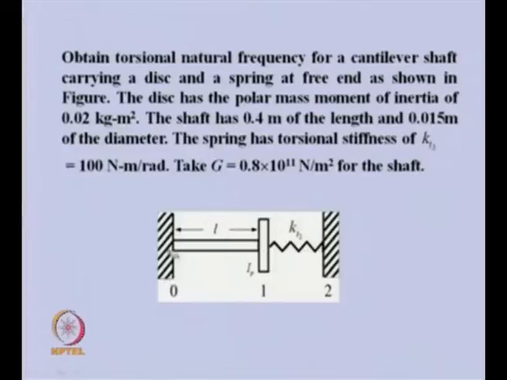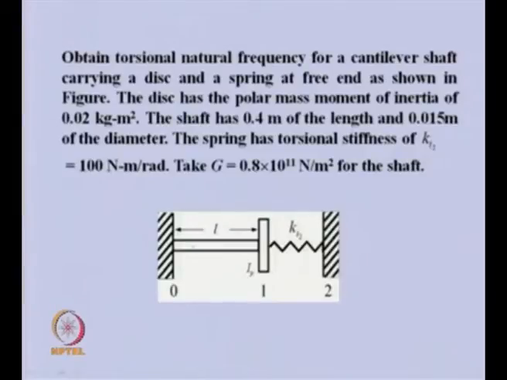This end of the shaft is fixed, and at the free end of the shaft where the disc is, we have one torsional spring of stiffness KT2. Various dimensions and the diameter of the shaft are given here. Even the modulus of rigidity of the shaft is given to us. We are neglecting the mass of the shaft.